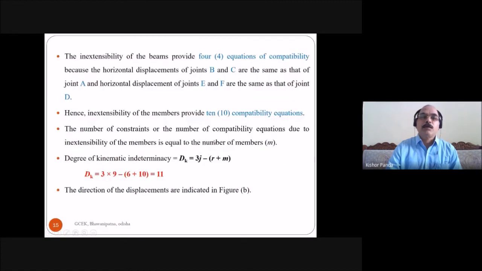So using this formula also you can find the degree of kinematic indeterminacy.